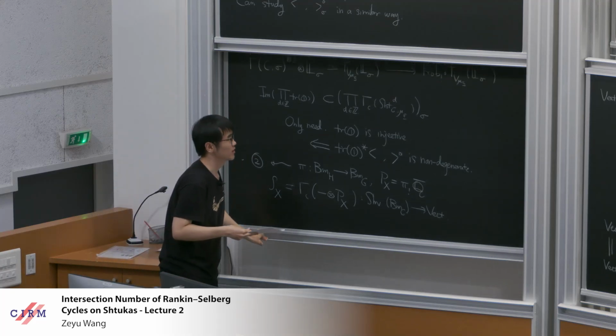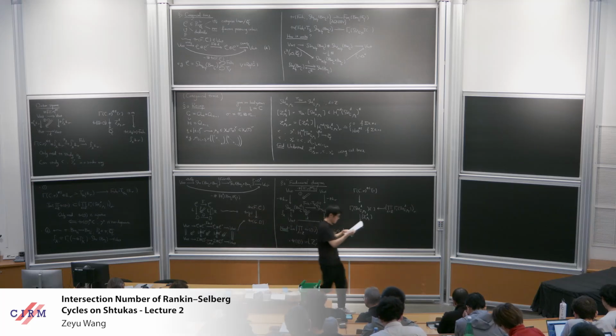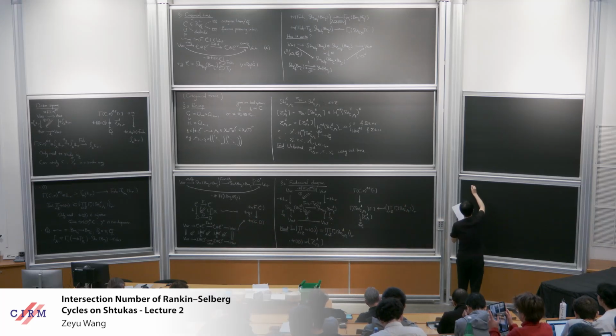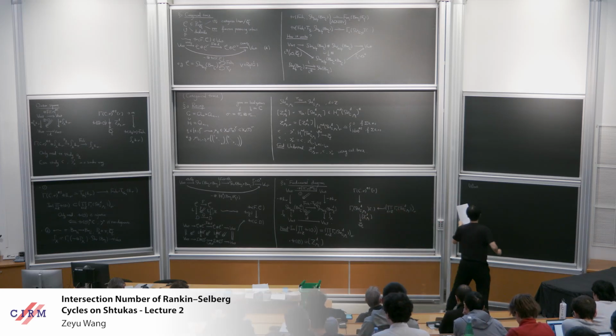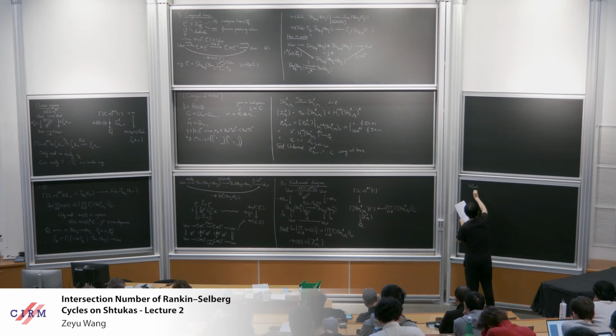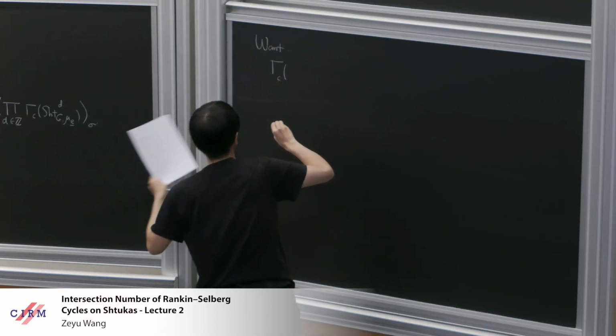Okay, now I need to switch to another board. So what's the data of such a natural transformation? You first write down the two functors.